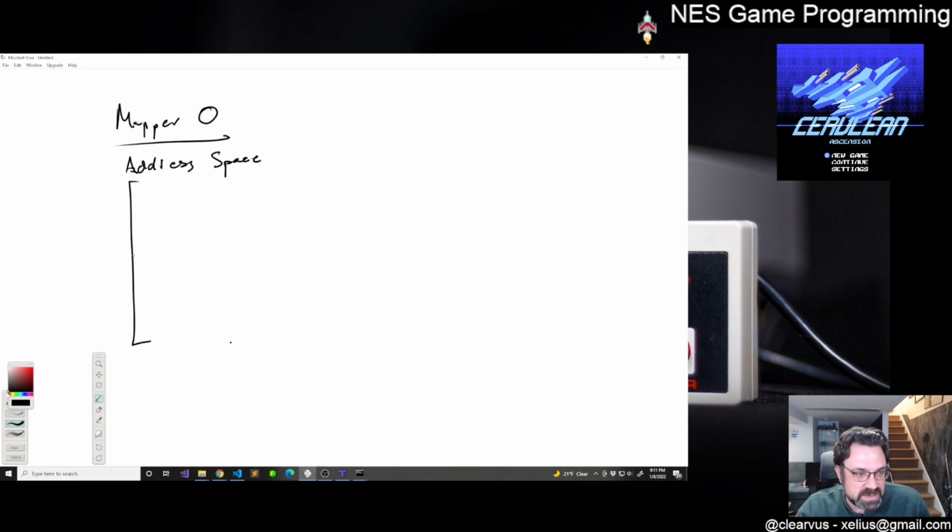And what that means is that if you're using, let's do this, hex 8000, and this is FFFF. If you're using all 32K, your ROM data, the data that's in your prog ROM, is all accessible in this memory range.